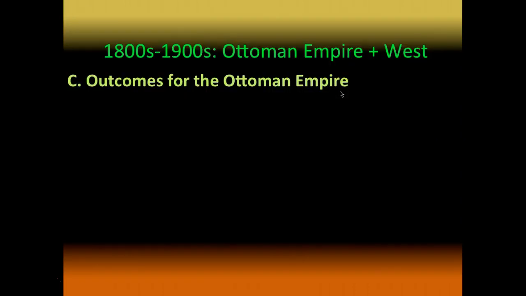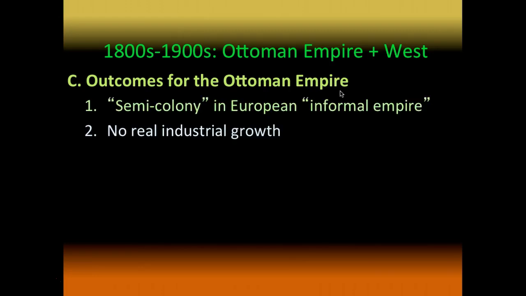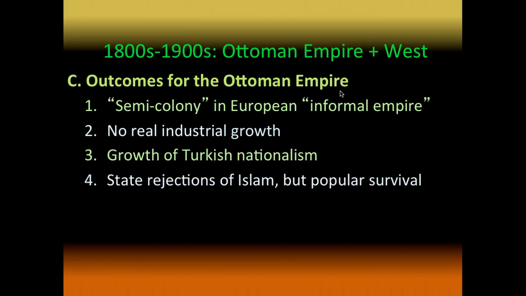So the outcomes for the Ottoman Empire. In the space of a century, the once great Ottoman Empire was brought quite low by the forces of the industrialized West, and it became considered a semi-colony in the European informal empire. When the Ottomans pursued a policy of defensive modernization, they didn't really achieve a complete industrial transformation or real industrial growth, unfortunately for them.